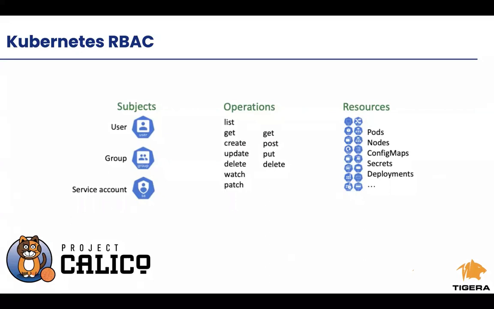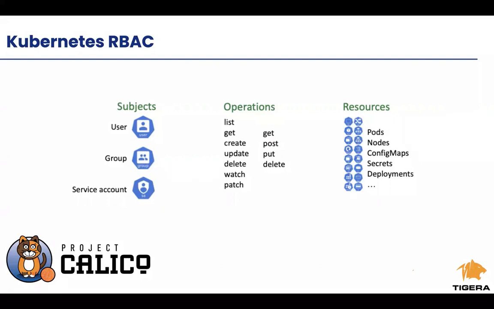Of the subjects, only service accounts are a part of the Kubernetes platform, where they are created and managed within your Kubernetes platform. Others, like user and group objects, typically come from identity management systems through some integration, like an identity provider.